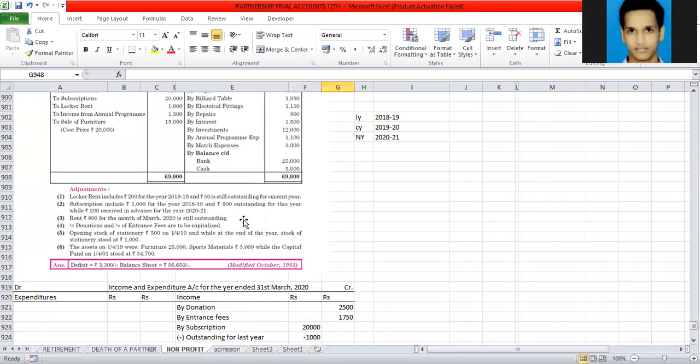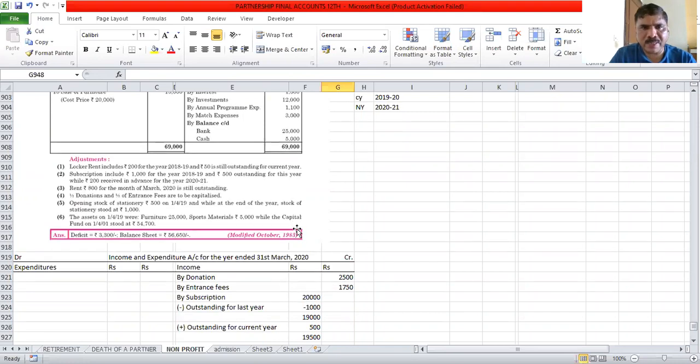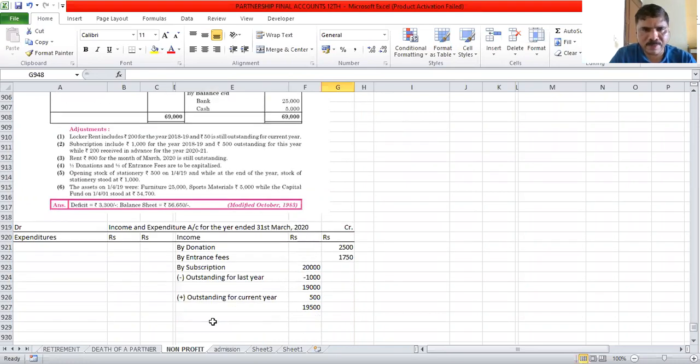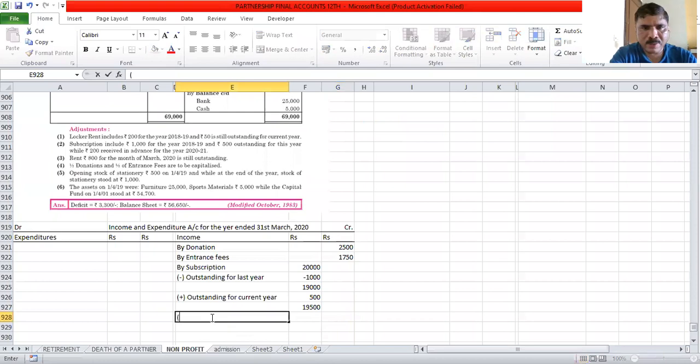Next, continuing that, while rupees 200 received in advance for 2021. So received for next year. That is called as? Prepaid, advance. Is it paid or received? Received. That is advance subscription.